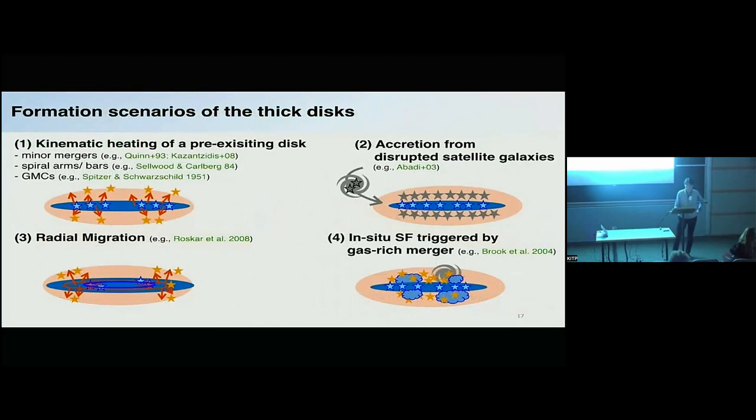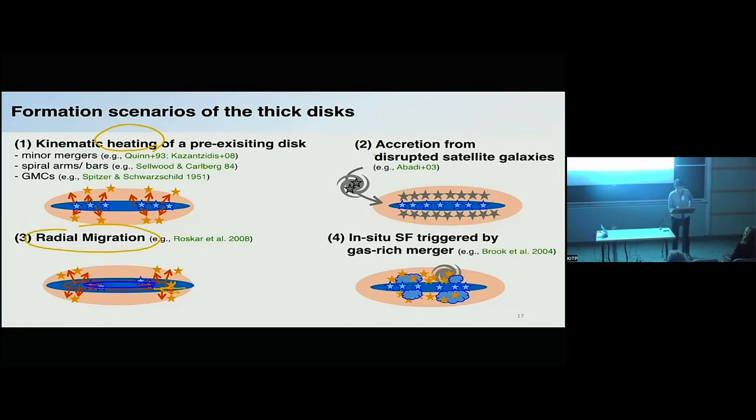So the formation scenario was questioned. The first one is disk heating. If you have a thin disk, the stars born on the thin disk will be gradually heated through many perturbations, or maybe radial migration. Some of the stars will migrate radially, and as a result, they will be elevated as well.